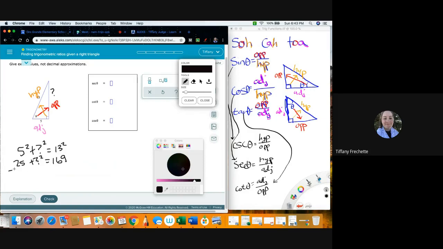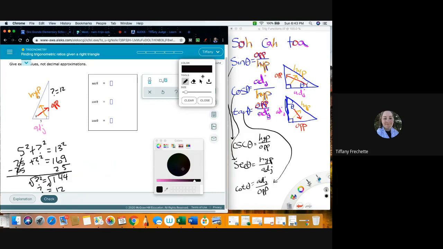And then we subtract 25 from both sides here. 25 minus 25 cancels. Question mark squared comes down, and we get 144. Well, perfect. This one actually has a square root. So question mark equals 12. So this is 12. So opposite is 12.